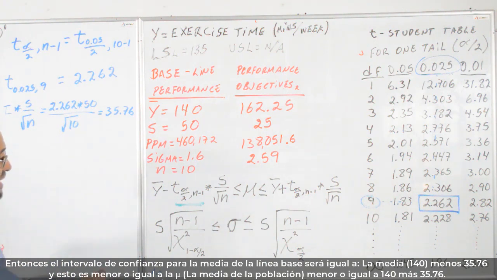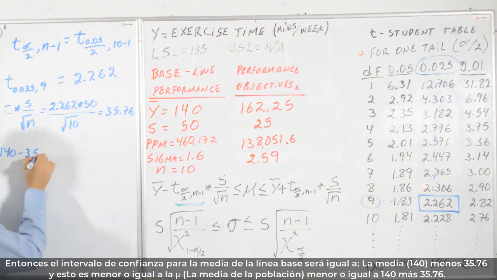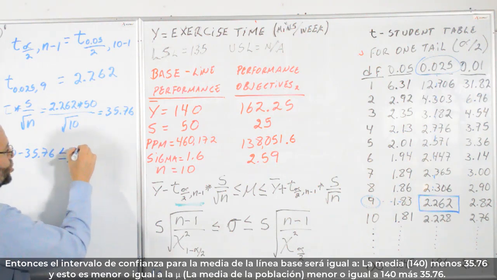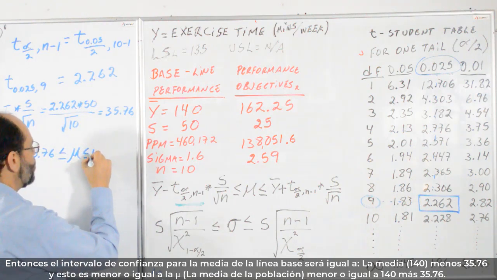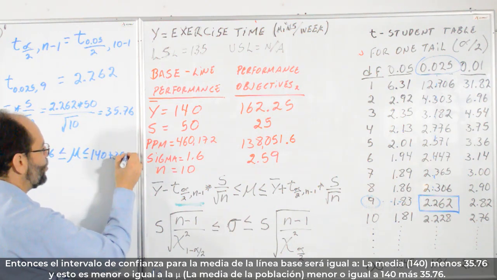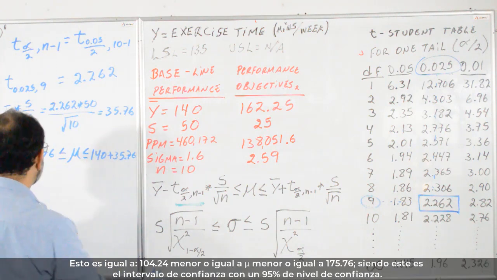The confidence interval for the mean, the baseline mean, is equal to the mean, 140, minus 35.76, and that is smaller equal than mu, the mean of the population, smaller equal than 140, plus 35.76.